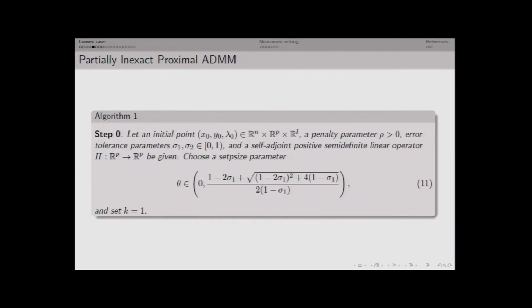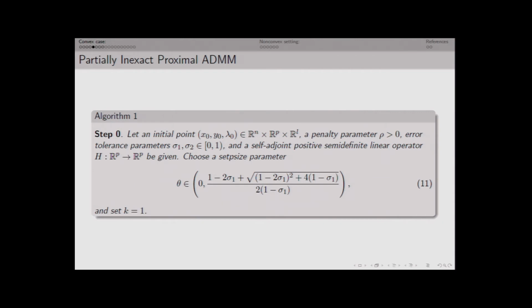So how is the algorithm in this sense? We have this relative error tolerance criterion here, and parameters. We have this relaxation parameter, which depends on sigma 1.